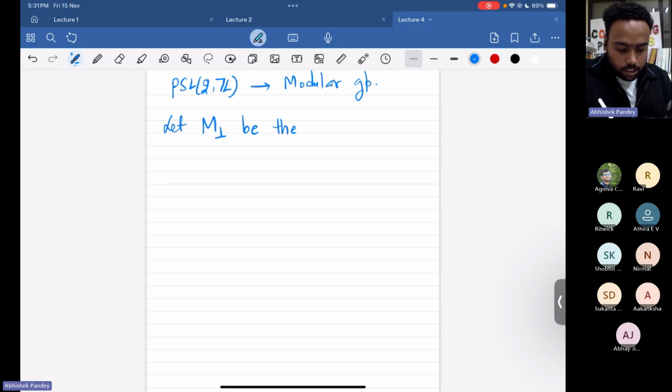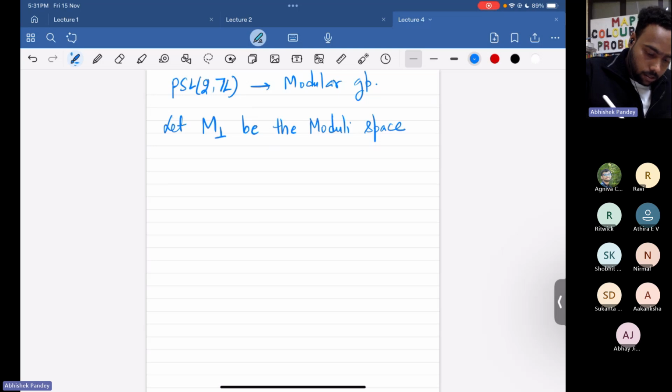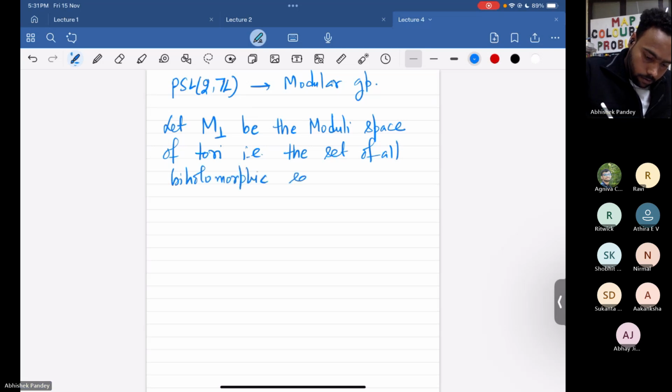So these results I will just mention for further reading, that basically falls under Teichmüller space. M1 is basically the set of all biholomorphic equivalence classes of tori.